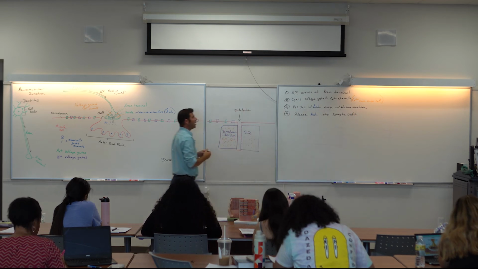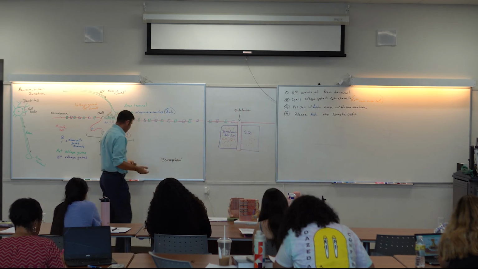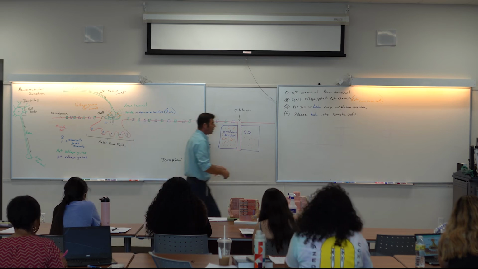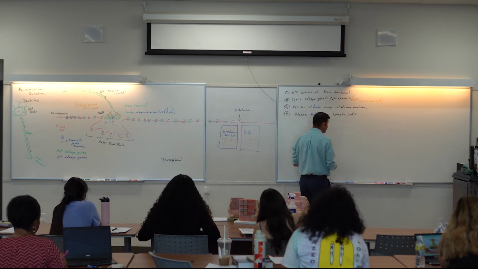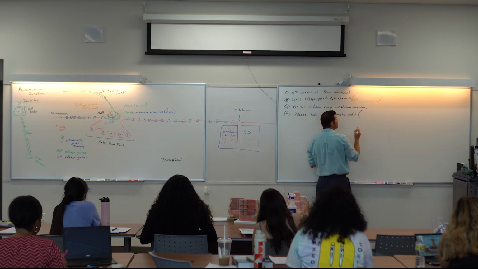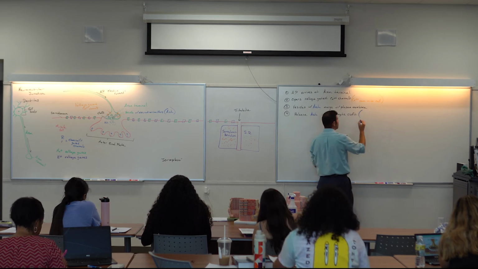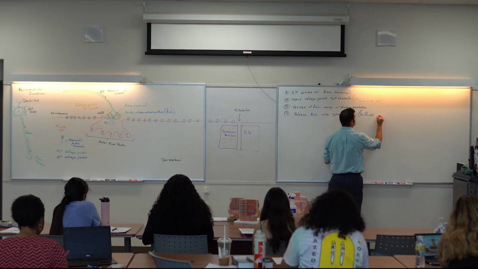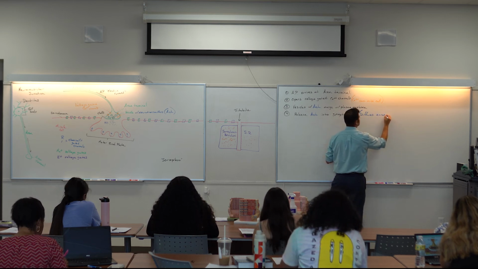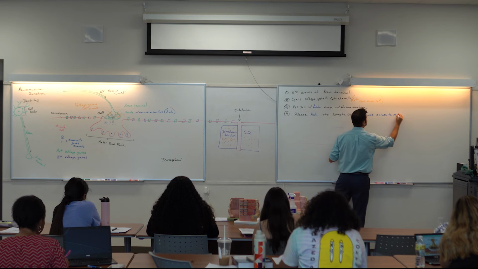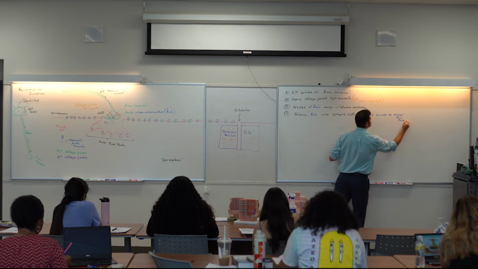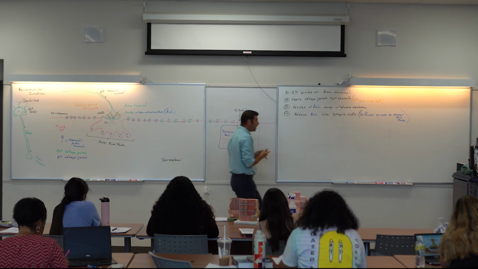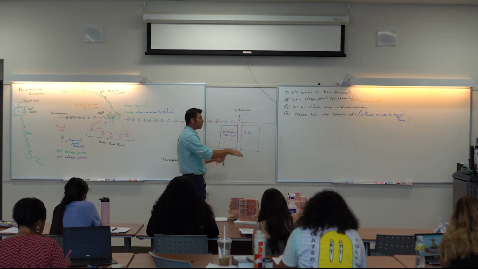As that acetylcholine is released into the synaptic cleft, it diffuses across to the receptors on the motor end plate. It takes a few milliseconds for that acetylcholine to diffuse across to the motor end plate.